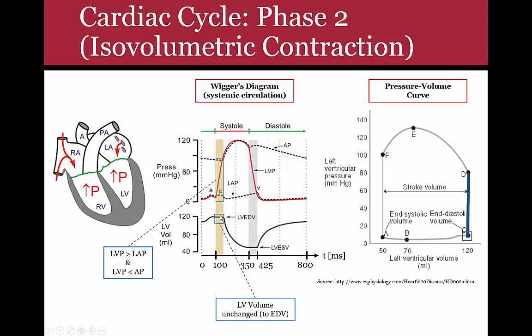That's seen right here, where there's no change in volume. On the pressure volume loop, that's seen as basically a vertical line. So that just goes up. You have an increase in pressure with no change in volume here. So that's this leg of the plot.